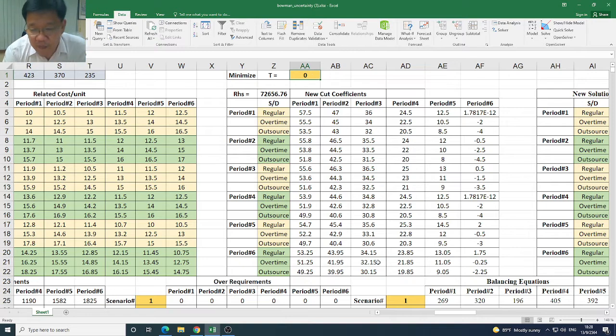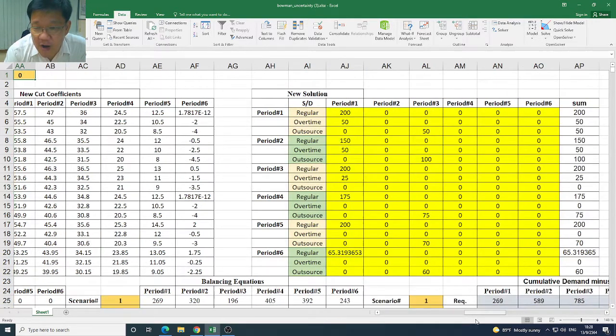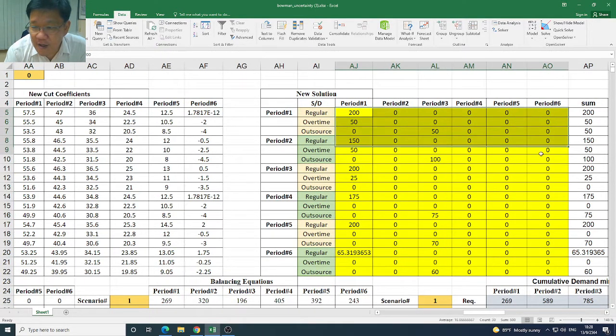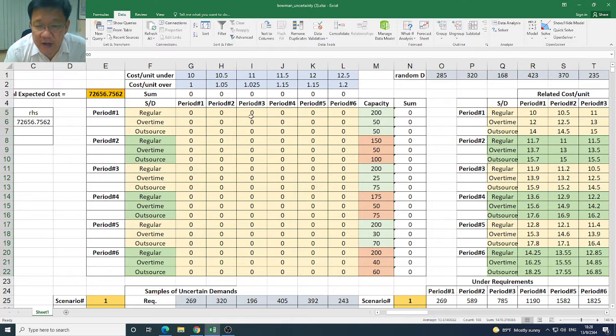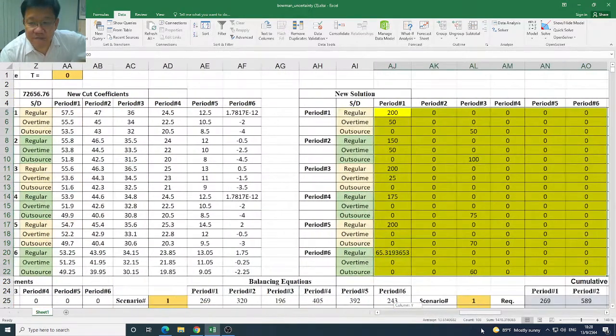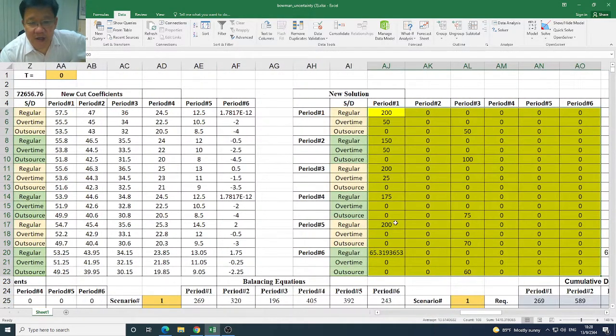What you need to do is use this new solution to generate your new cut down here. This is what you want to do: your new solution here generates the new cut here.